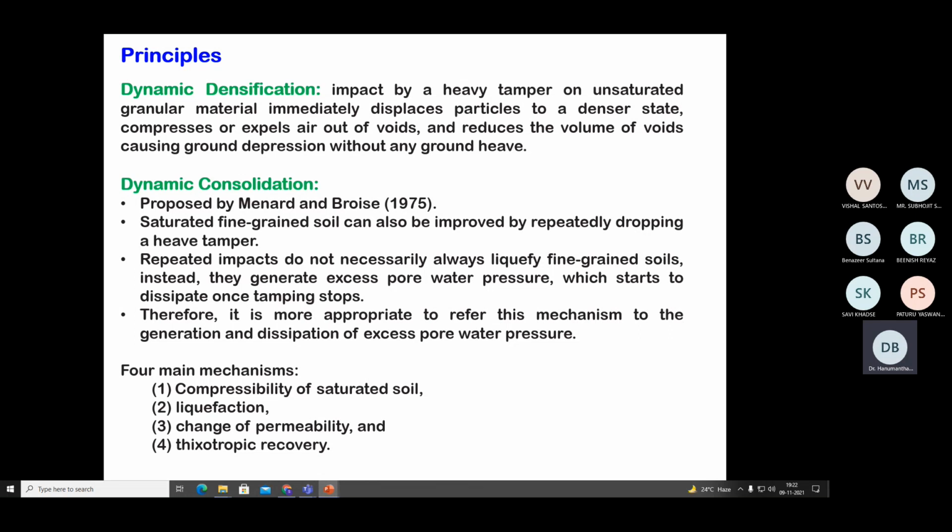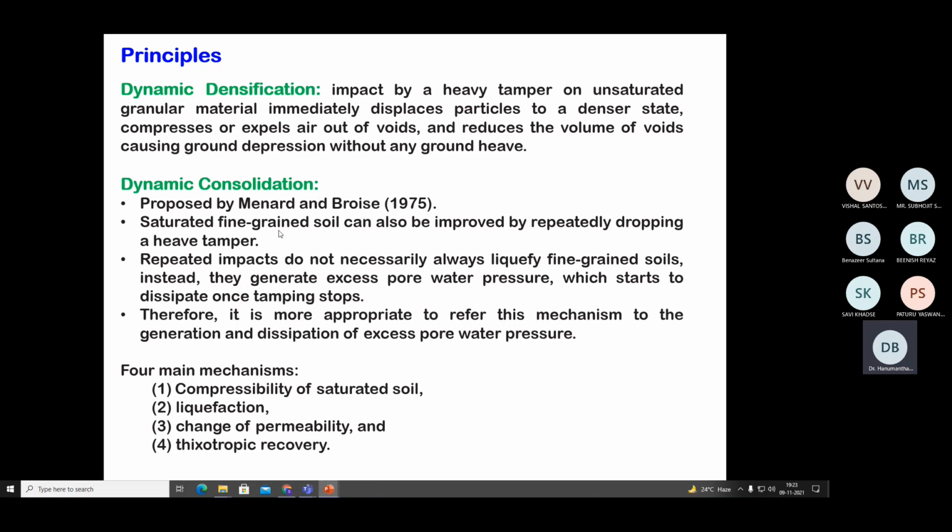The moment you apply a very heavy drop or very heavy energy to the clayey soil material, there is a possibility of generation of excess pore water pressure and dissipation of the same excess pore water pressure. These are the two phenomena attributed to densification of clay materials. But only a few people have reported this when compared with dynamic densification. Very few people have attempted dynamic consolidation.